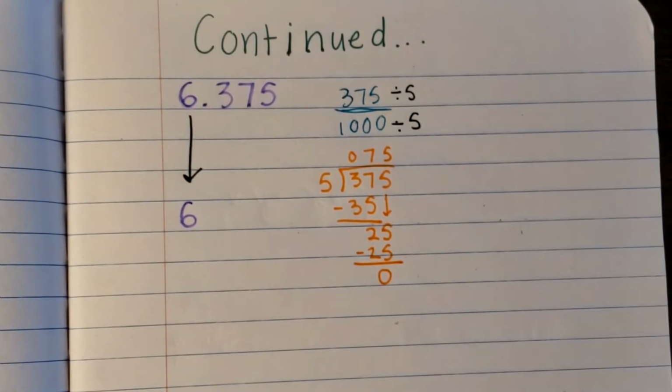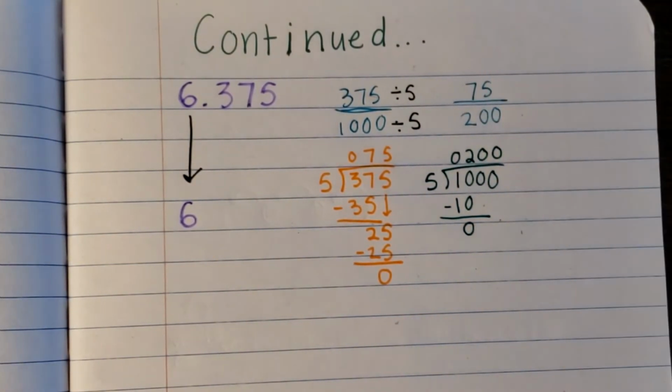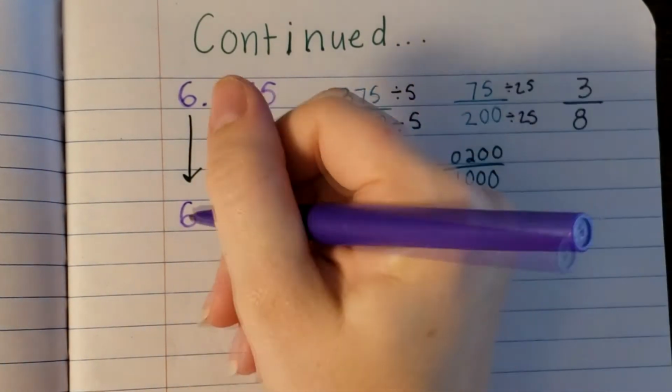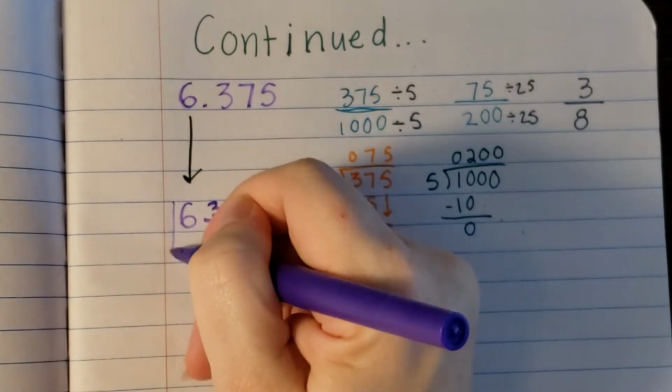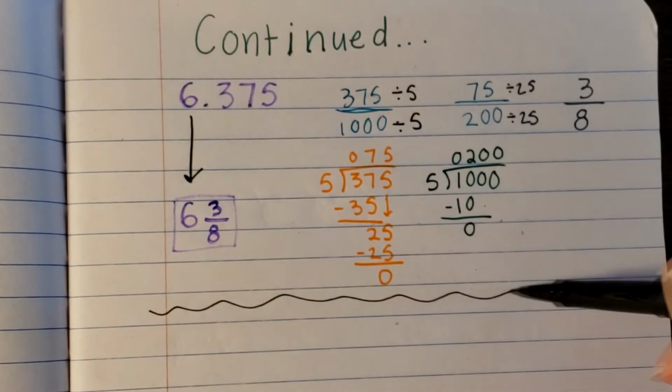As before, look for the common factors. It is okay if you do not know the greatest common factor. It only makes it easier. Once you have the fraction simplified, don't forget to bring back the whole number. So 6 and 375 thousandths is the same as 6 and 3/8.